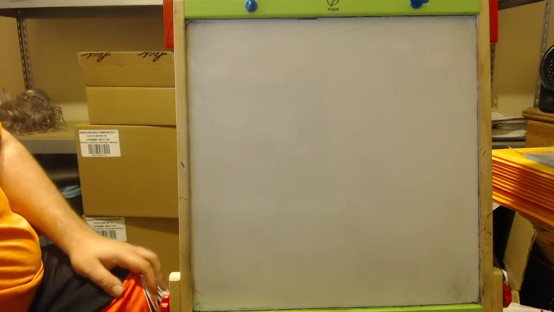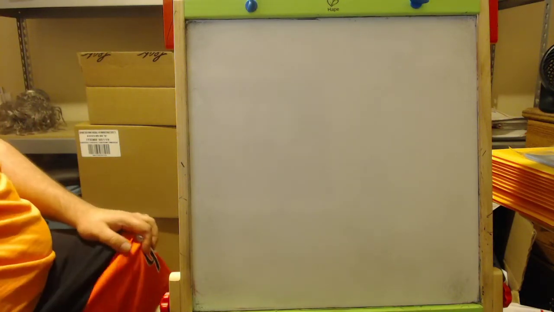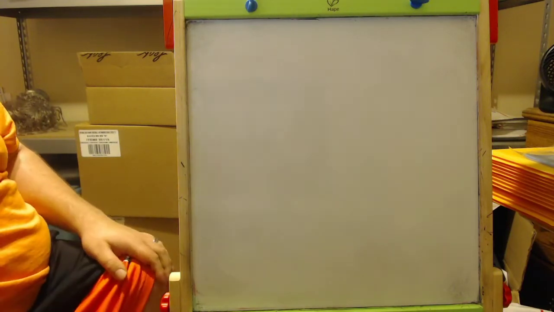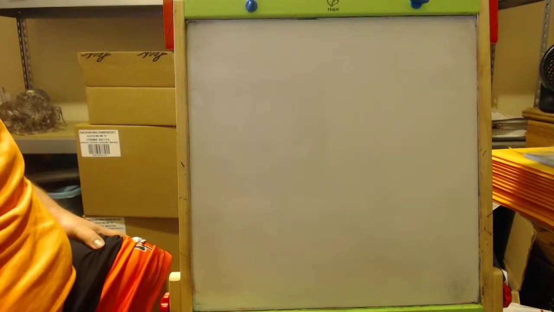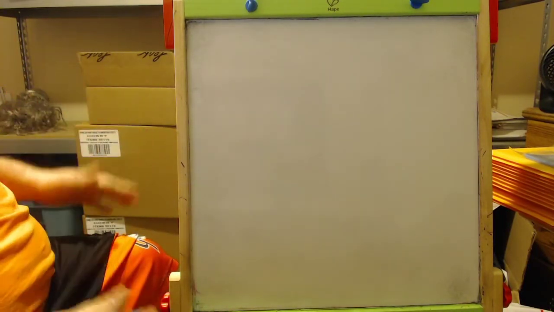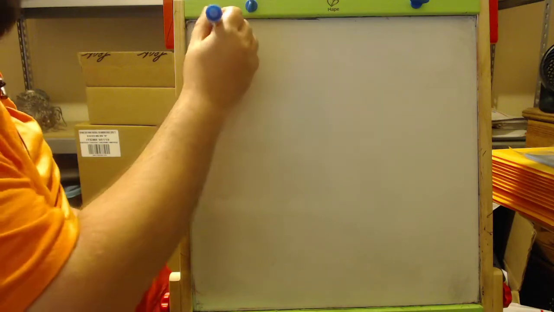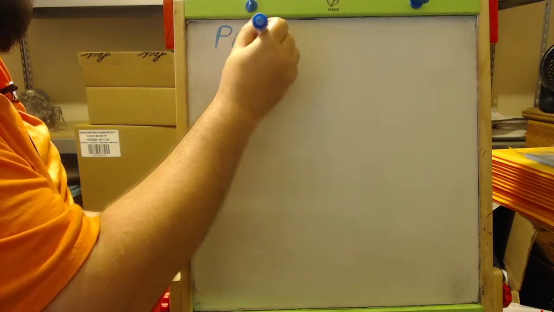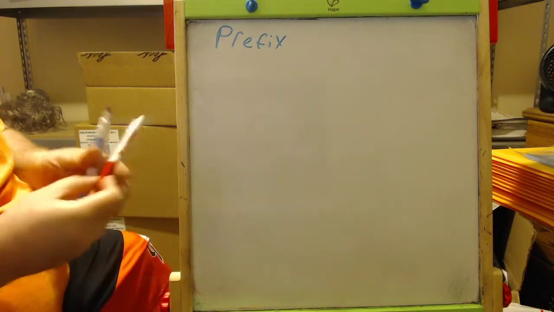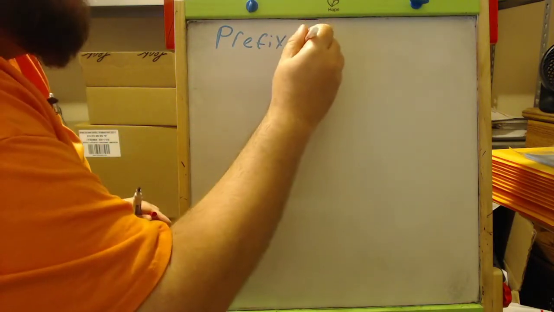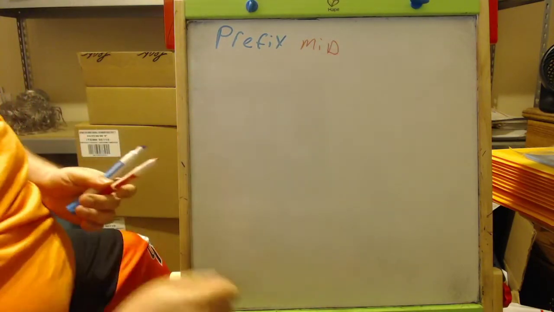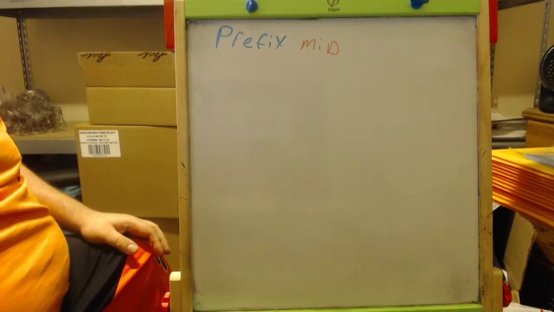All right, today's lecture we're going to start talking about how to name organic compounds, also known as nomenclature. Now, in naming organic compounds, there's three parts to it. Essentially, there's a prefix. Okay. There's a middle letter. And there's the suffix at the end.